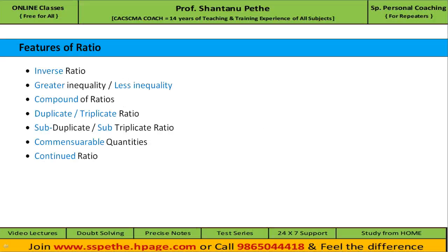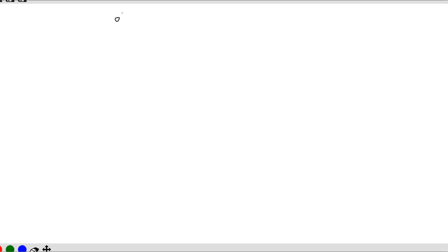Now we will see some features of ratio, that is some properties of ratio one by one. First we will see the property of inverse ratio. What do you mean by the inverse ratio? See, one ratio is said to be inverse of another if the product of both these ratios comes 1. तो A/B will be inverse of B/A अगर इन दोनों का प्रोडक्ट 1 आता है.